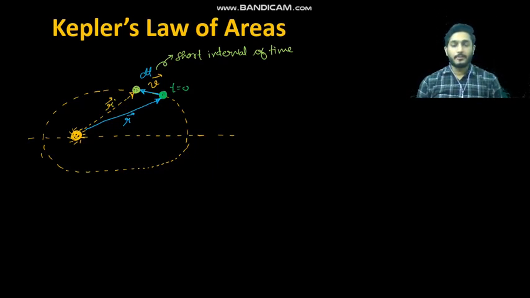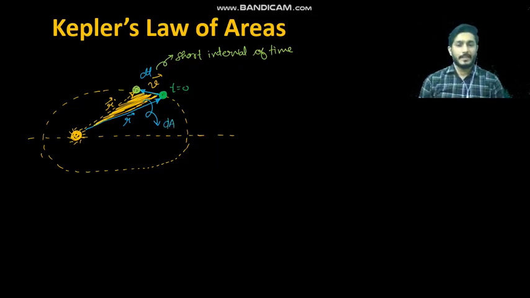If I want to write the area swept by this position vector between these two instants t and t plus dt, I can say that this must be the area. Let's say I am calling this area dA. So this area is dA. I am separately drawing it.